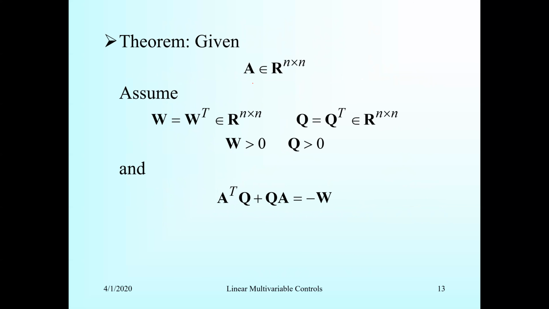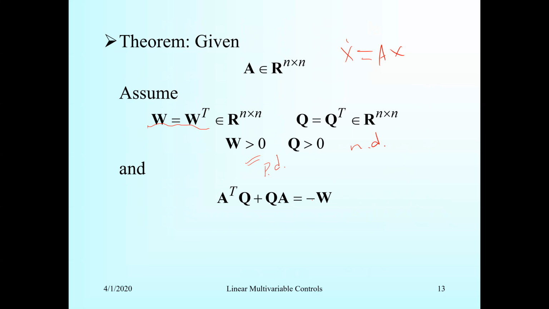So in summary, let's go into this. Of course, we are talking about how to check the stability of x dot = Ax. We assume that W is strictly positive definite, and this is negative definite.